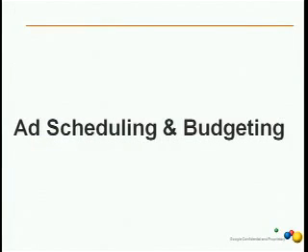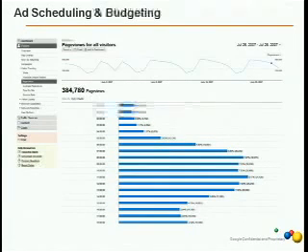Let's look at ad scheduling and budgeting. This is really great because with the latest release, we have a lot of options to segment your data by the hourly view, particularly in a lot of the visitor reports, as well as the goals and e-commerce data. What I have here in this snapshot is the ability to segment your page views per visit by the hour.